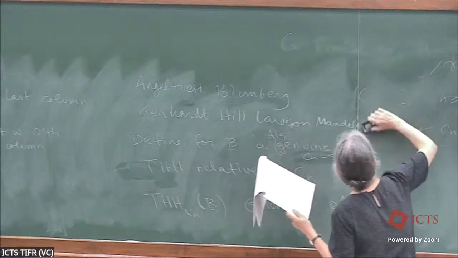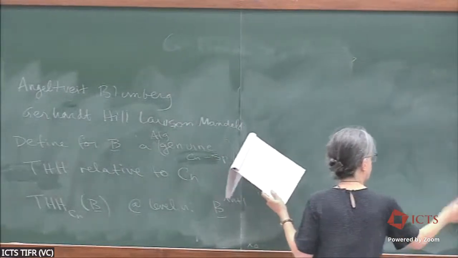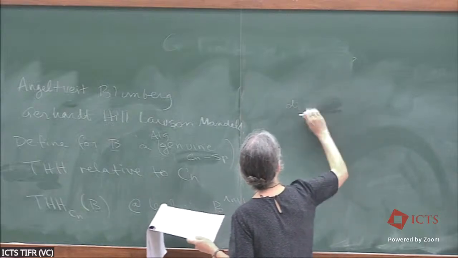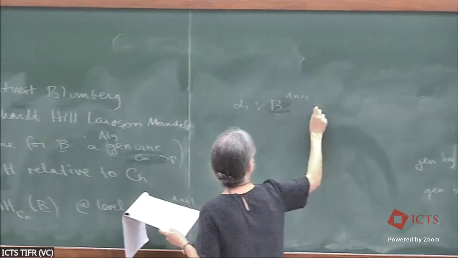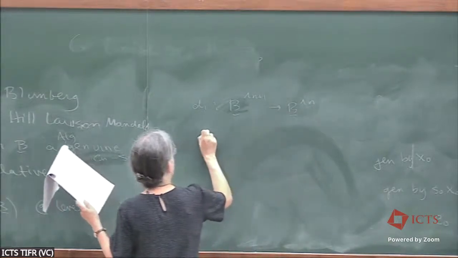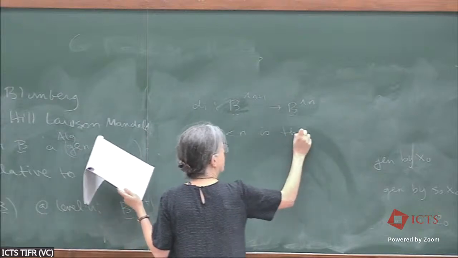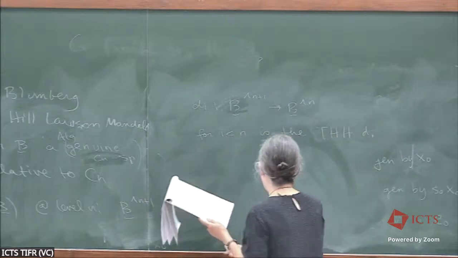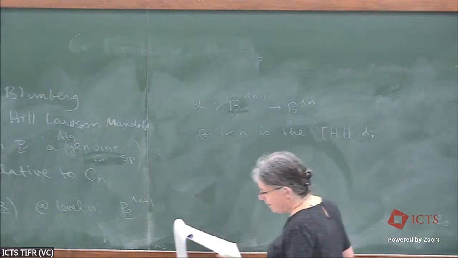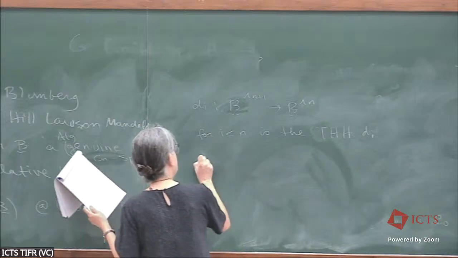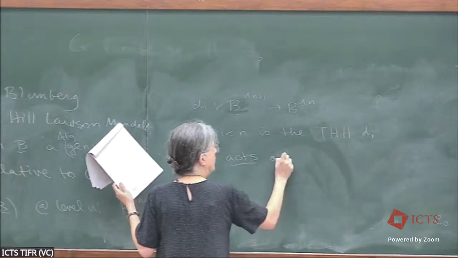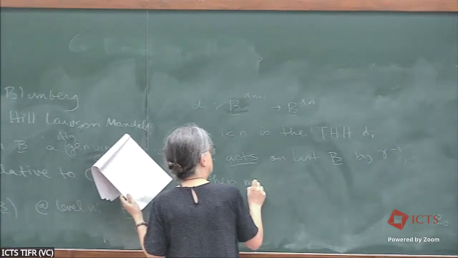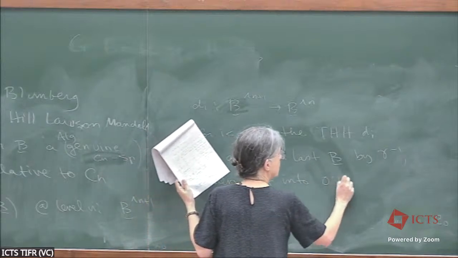And so d_i from B^(n+1) to B^n, for i less than n, you just take the ith B and multiply it by the (i plus 1)st B. But the last one, d_n, acts on the last B by gamma inverse and then multiplies into the 0th one.